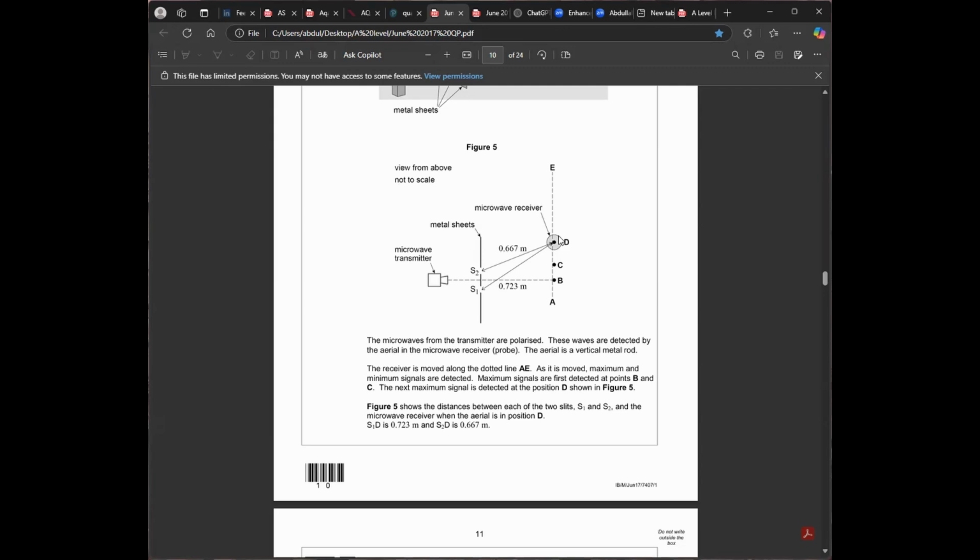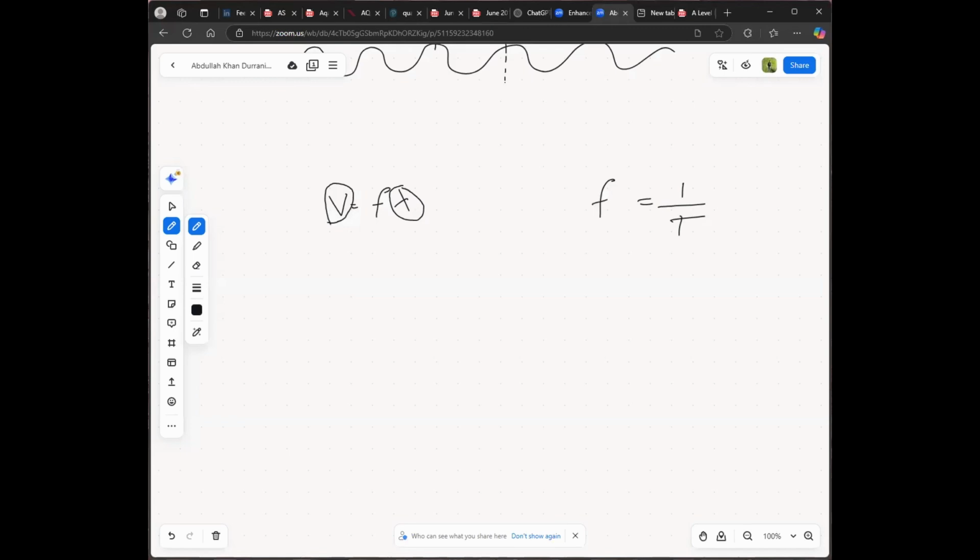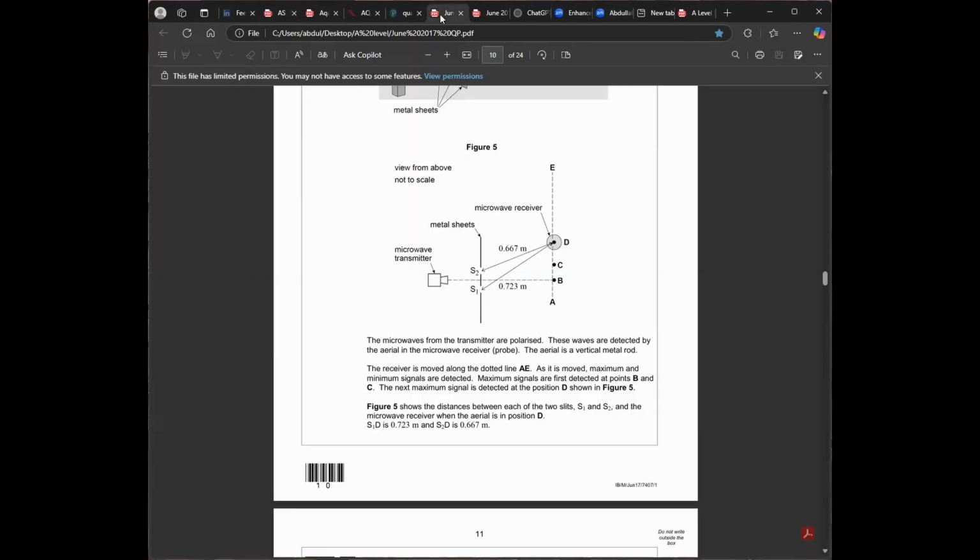Is it 0.056? Let me just write it down. I did it between S1 and S2. So what is the path difference that you got?